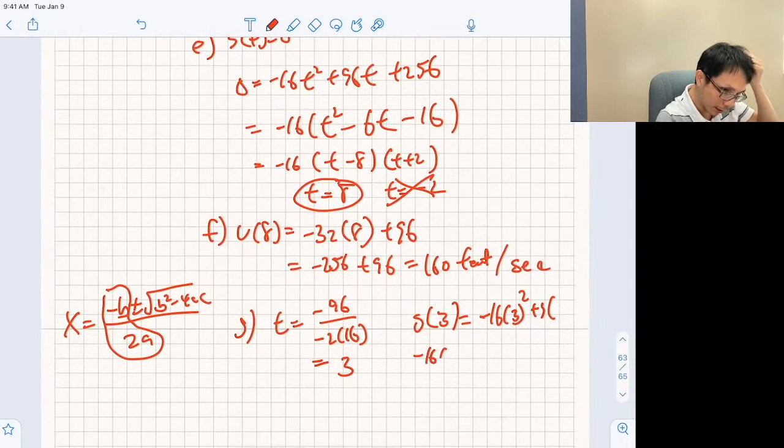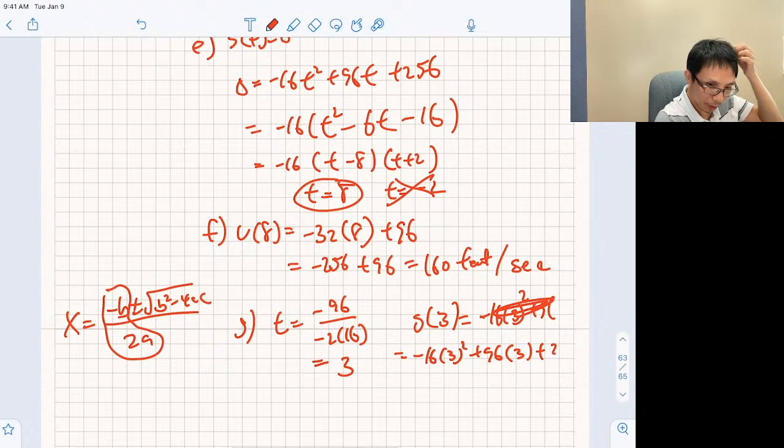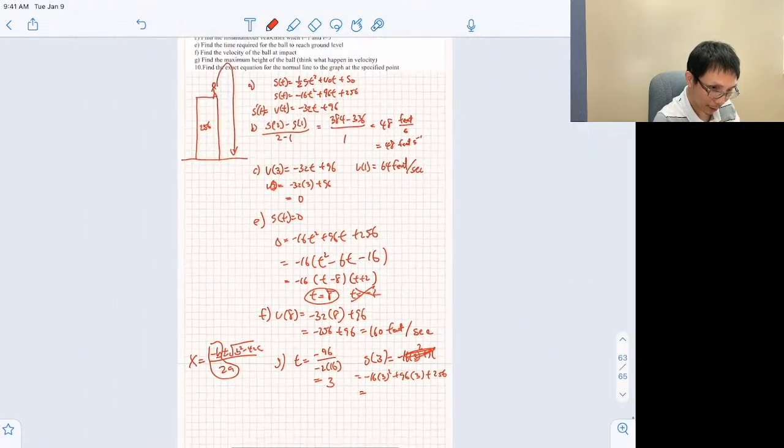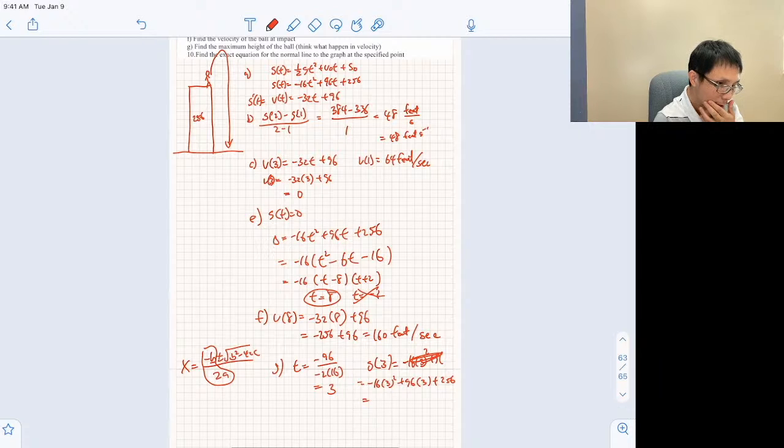It's negative 16 times 3 squared plus 96 times 3 plus 256. Somebody use a calculator to figure it out. I don't want to figure it out. My head hurts when I deal with that number. 400, thank you. So it's 400 feet.